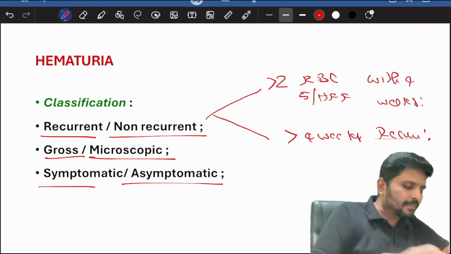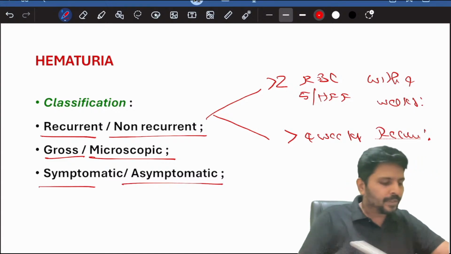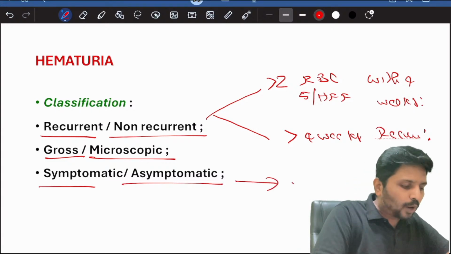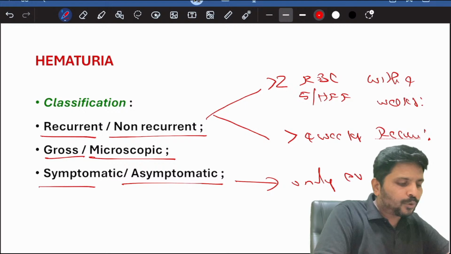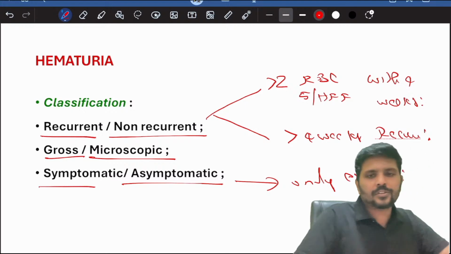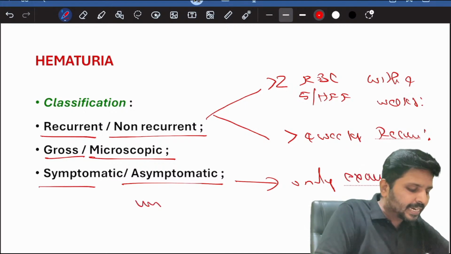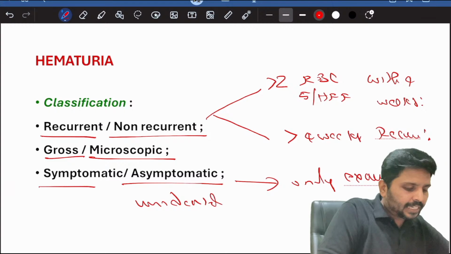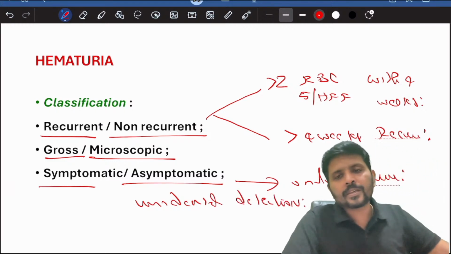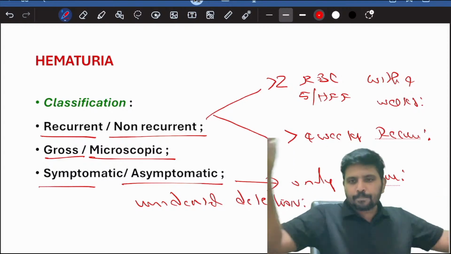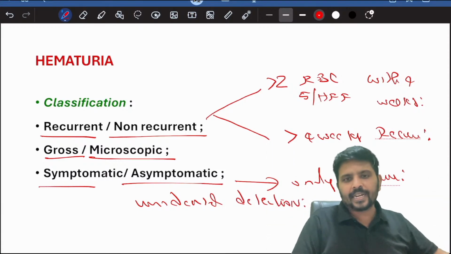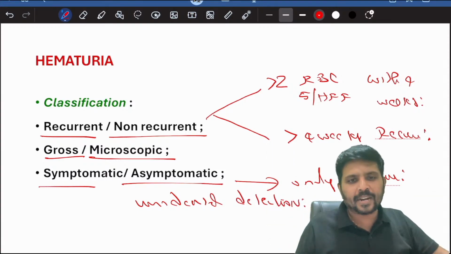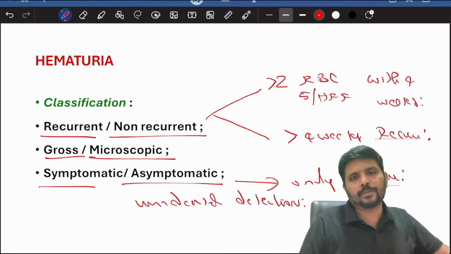What do you mean by symptomatic and asymptomatic? Asymptomatic means only when you examine urine, you will find RBCs. It can be an incidental detection. That means the patient will not be telling any symptoms. You suspect something, you do urine routine, and in that urine RBCs will be plenty. That is called asymptomatic hematuria.